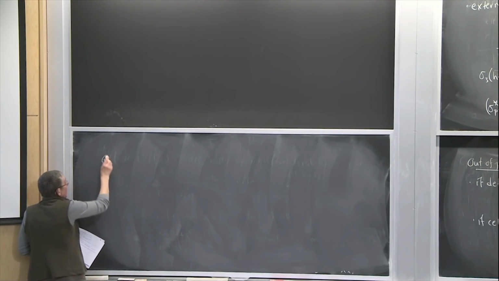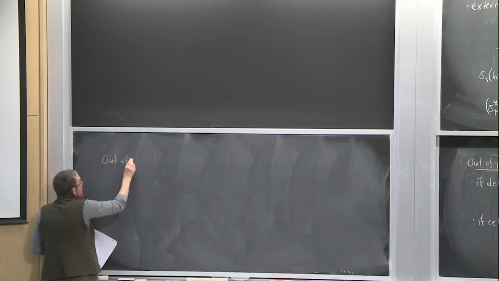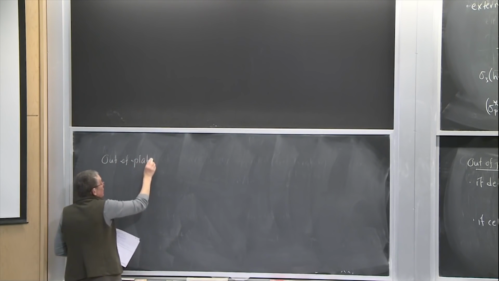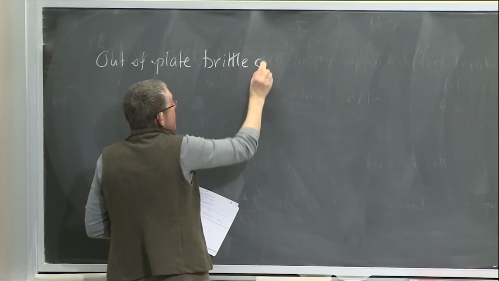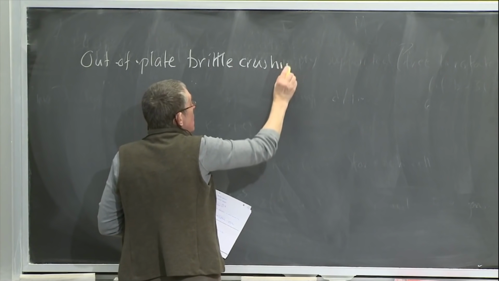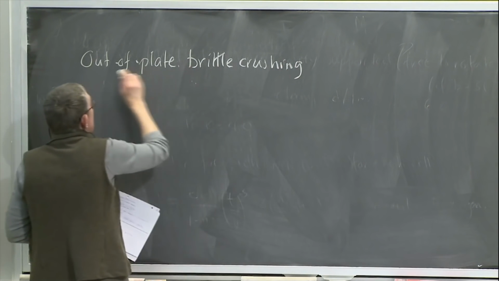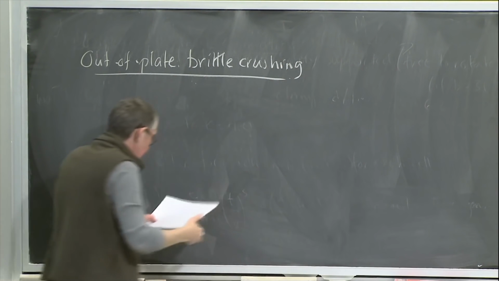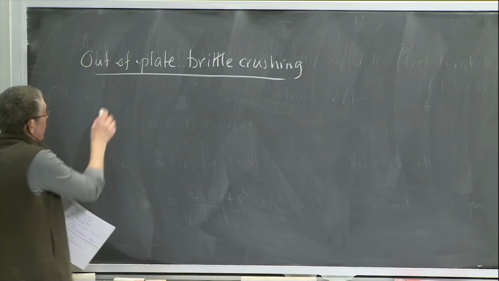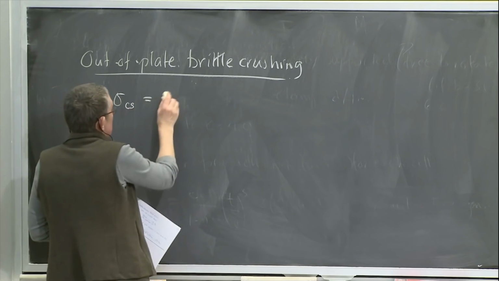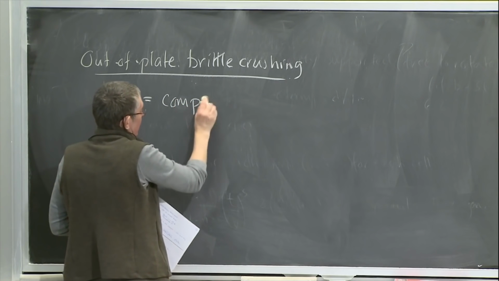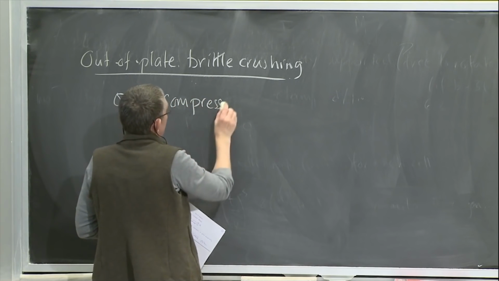Then we've got one last out-of-plane property, and that's brittle crushing in compression. If we have some compressive strength of the cell wall, say I call it CS, then it's just the relative density times that strength.